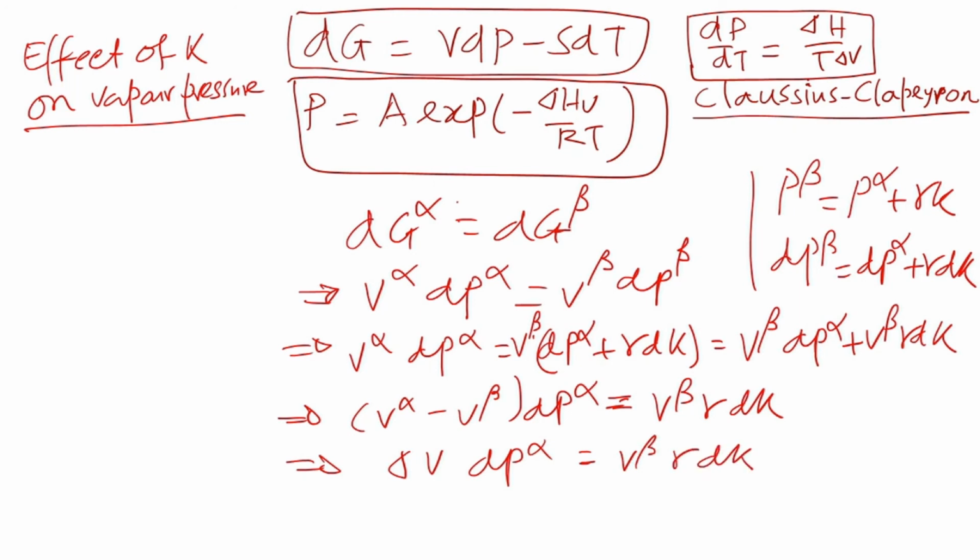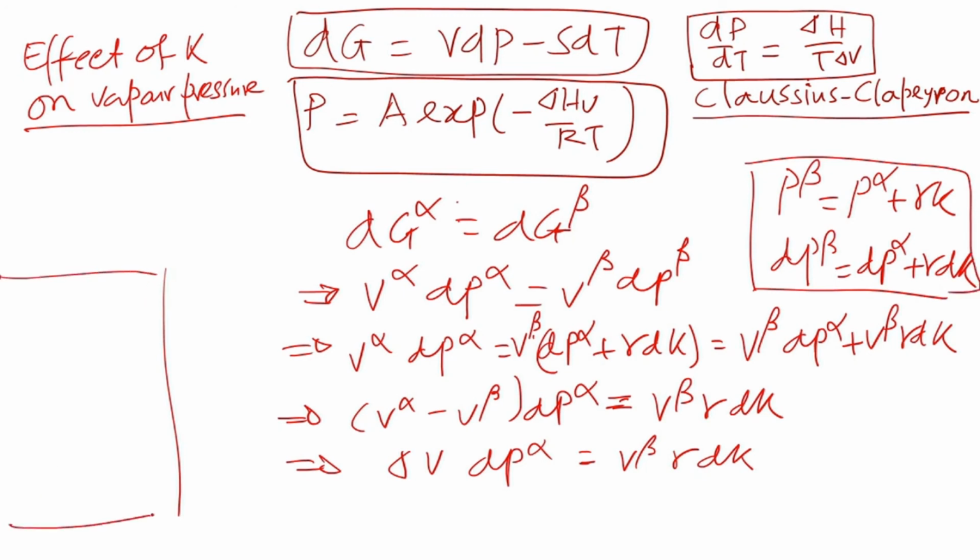Now, what is delta V? Let us do the math on this side. Delta V, again, V beta minus V alpha, that is nothing but RT by P per 1 mole. So, you can write that down.